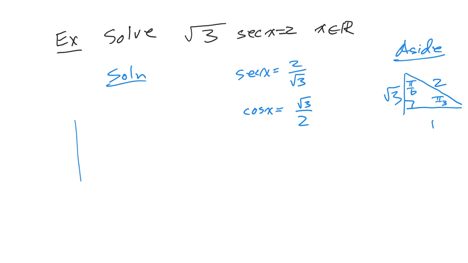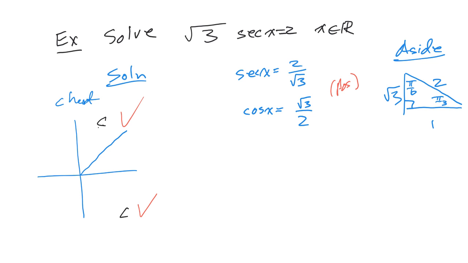So if I actually looked at a chart, we would see the following. Because this is a positive ratio, our values are in this quadrant based on the CAST rule.